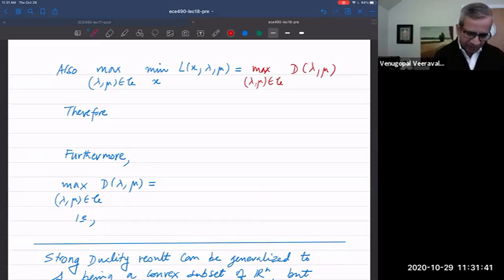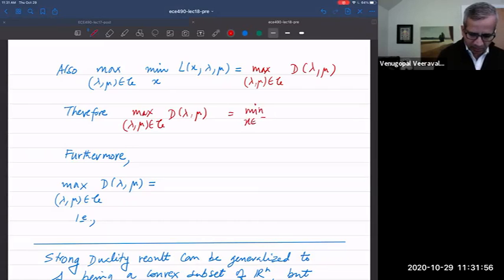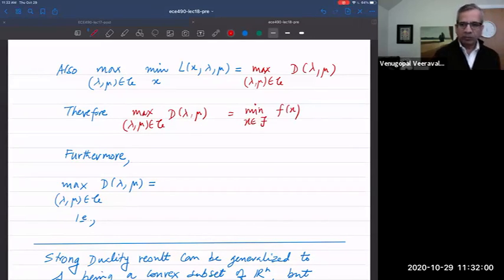So basically what we have shown is that the max over lambda mu is, which is what we wanted to show. Okay, so strong duality holds.